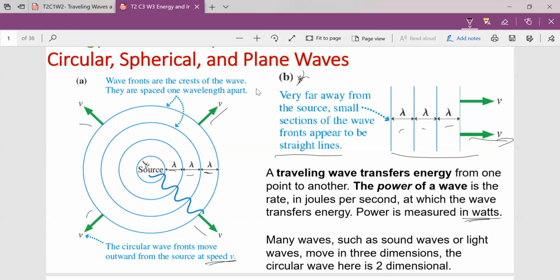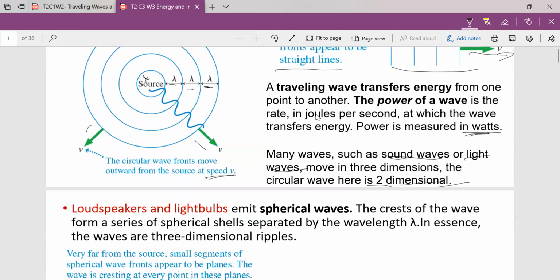We have several waves, such as sound and light waves, that move in 3 dimensions, but the circular wave is actually moving in 2 dimensions. So the circular wave is 2-dimensional, but the sound wave and the light wave are typical examples of 3-dimensional wave motion.